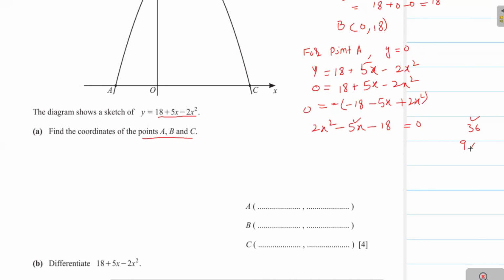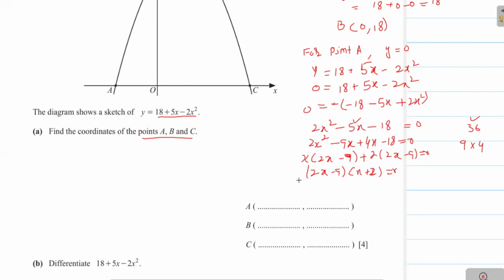You see here 9 times 4 is 36, therefore by middle term breaking we factorize this. We write the middle term as minus 9x plus 4x minus 18 equals 0, and x is taken as common, therefore x(2x minus 9) plus 2 is common, 2(2x minus 9) equals 0, and this will be equal to (2x minus 9)(x plus 2) equals 0.